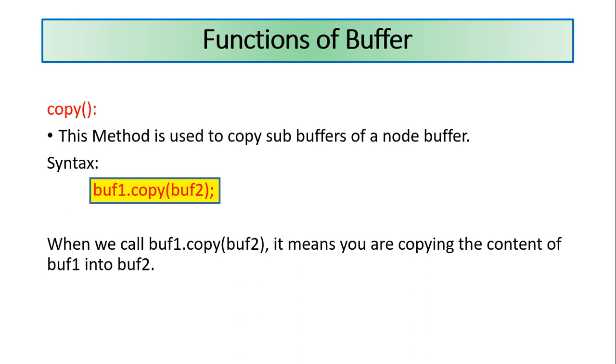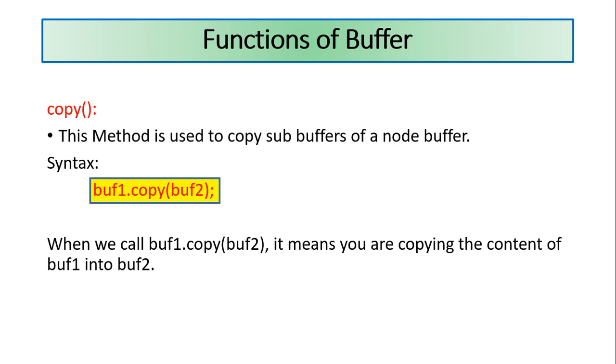This copy method in the Node.js Buffer class is used to copy data from one buffer to another. When we call the buffer1.copy function with buffer2 as a parameter, it means you copy the content of buffer1 into buffer2.